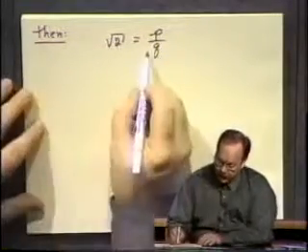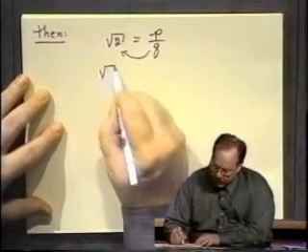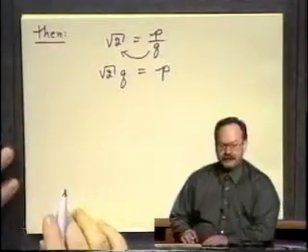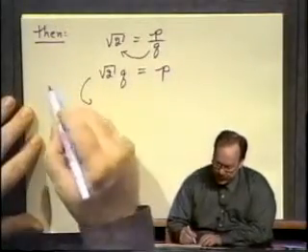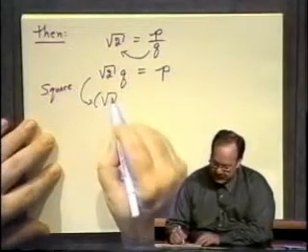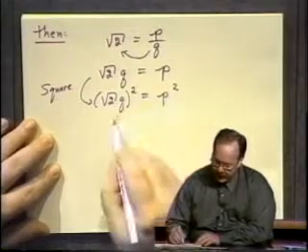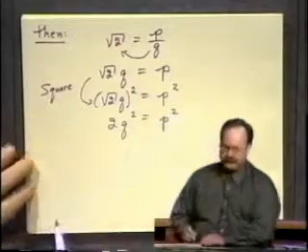Well, one thing I can do is multiply both sides by q to bring the q up. So I have square root of 2 times q is equal to p. Now I don't like the square root symbol, so I can square to get rid of that. If I square both sides, on the left, I get 2q squared is equal to p squared.